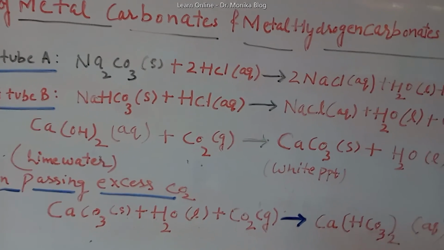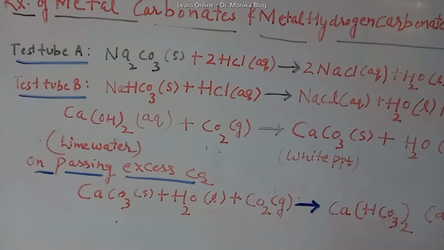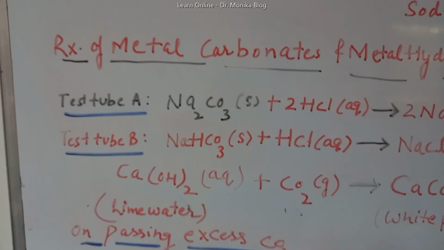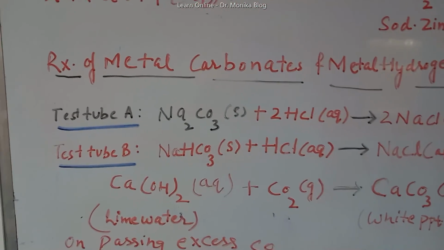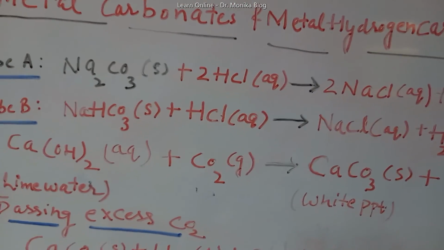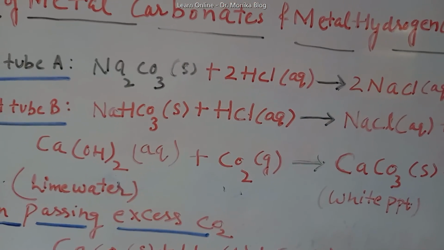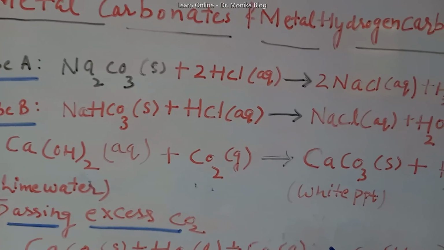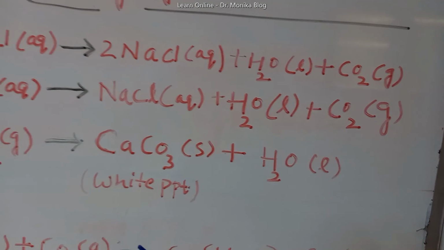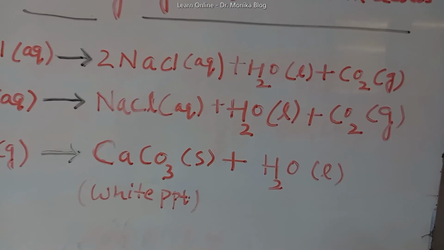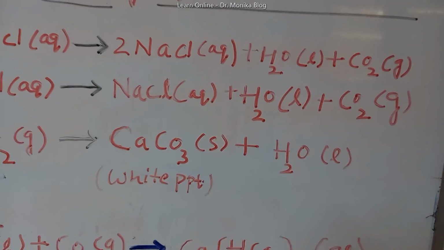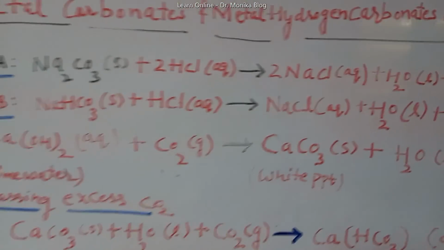On passing the carbon dioxide gas through lime water, what is lime water? That is calcium hydroxide, Ca(OH)2. When we pass carbon dioxide gas through lime water, a white precipitate forms, that is calcium carbonate, CaCO3 plus water.